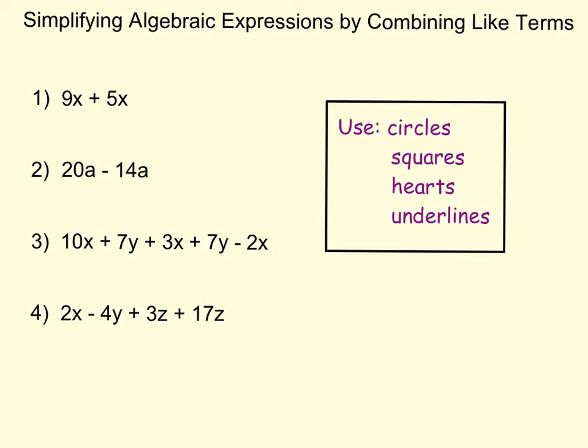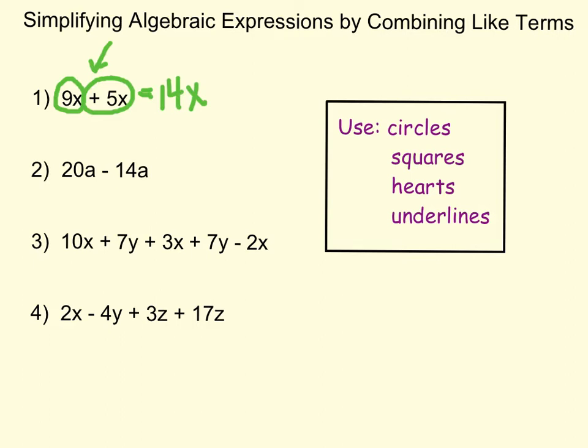Now, if we look for terms that have the same variable, we have a 9x, and then we have a plus 5x. You want to circle the sign that's in front of the term because that tells you if it's positive or negative. So now if I take 9x plus 5x, I get 14x. And that's as far as I go because I don't know what x is actually equal to.